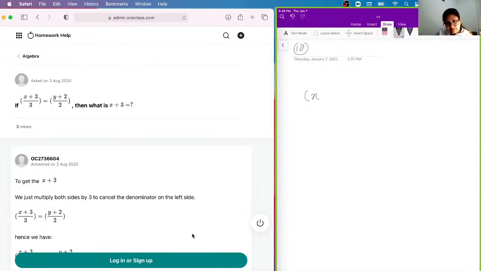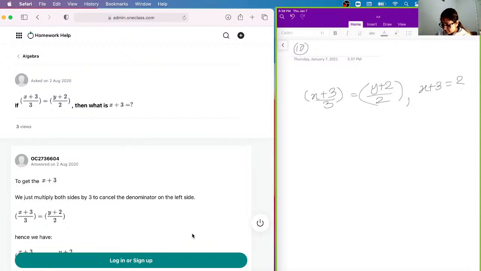So if x plus 3 over 3 is equal to y plus 2 over 2, what is x plus 3 equal to?